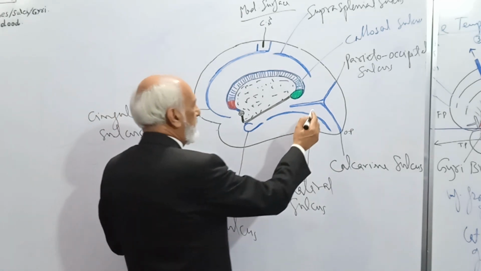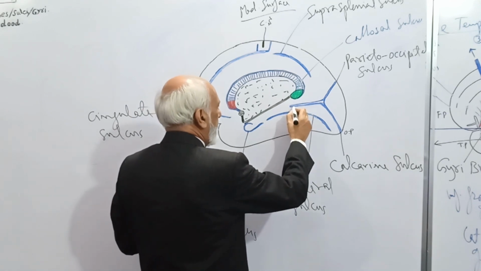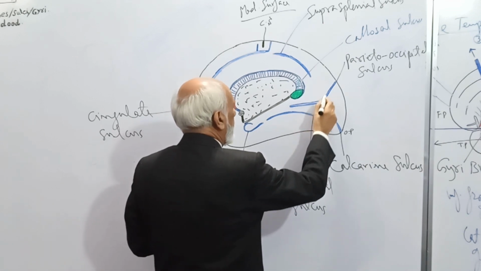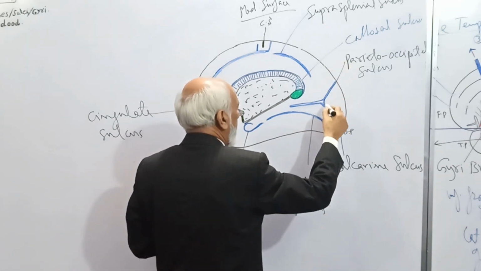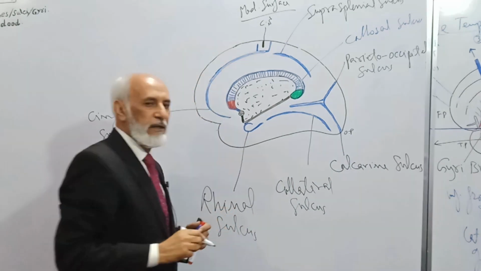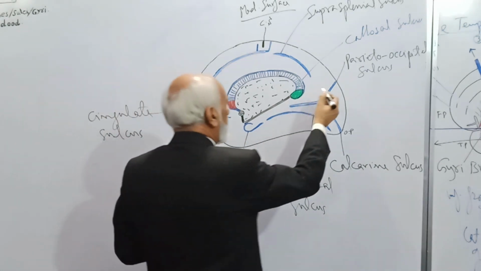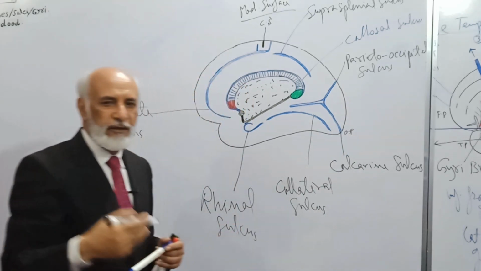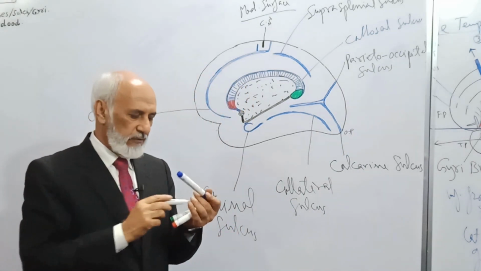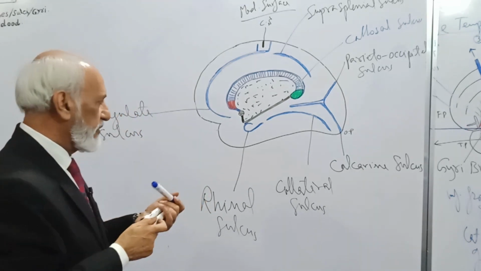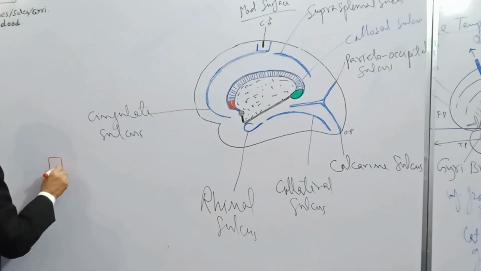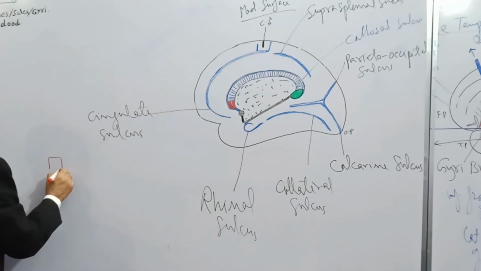Now here apparently it appears that there is a sulcus which bifurcates into parieto-occipital sulcus and the calcarine sulcus. It is not like this. Both parieto-occipital and the calcarine sulci are separated from each other by a gyrus. Now how I will explain this. This is a section through the cerebrum in this region.